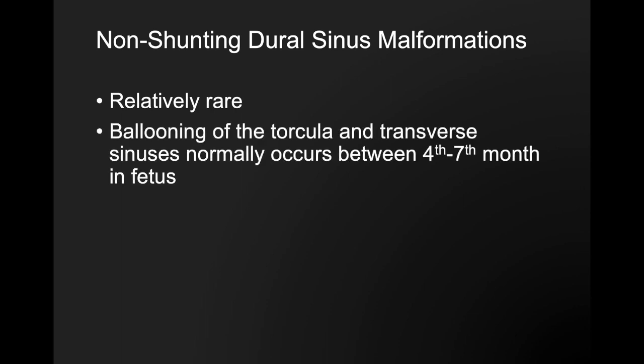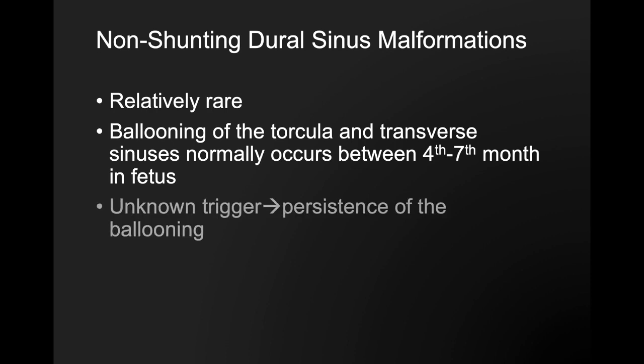And then the last thing I'll talk about is non-shunting dural sinus malformations. These are relatively rare. Essentially, what happens is during normal venous development, you have ballooning of the torcula and the transverse sinuses between the 4th and 7th month of intrauterine life.